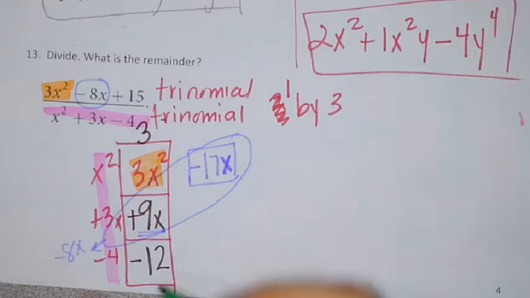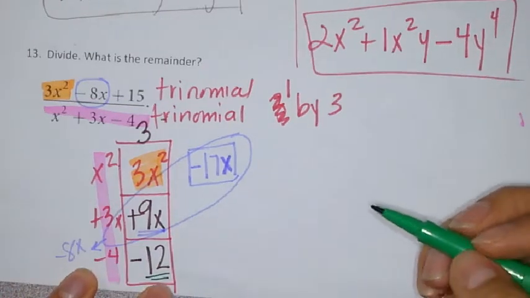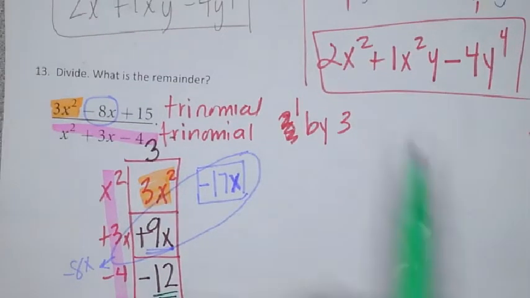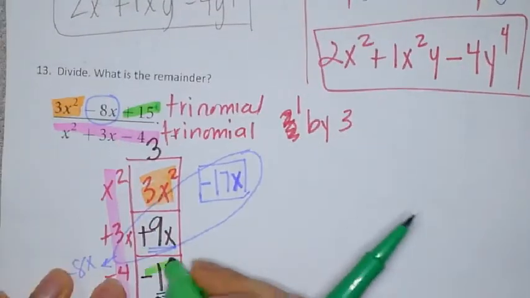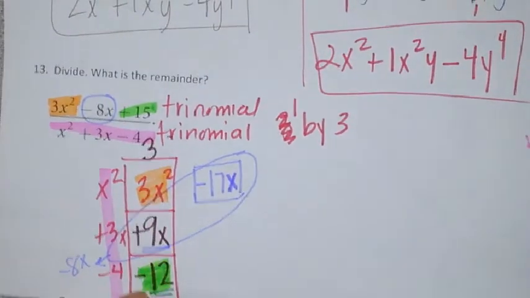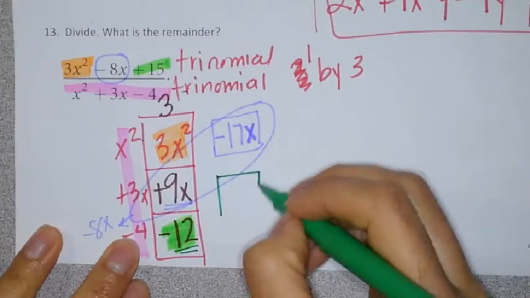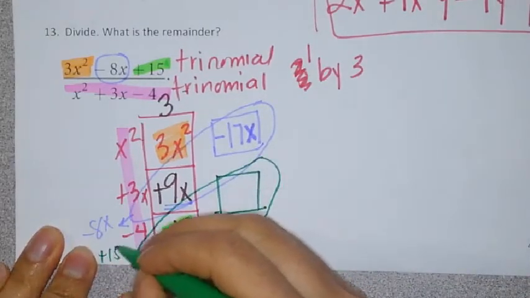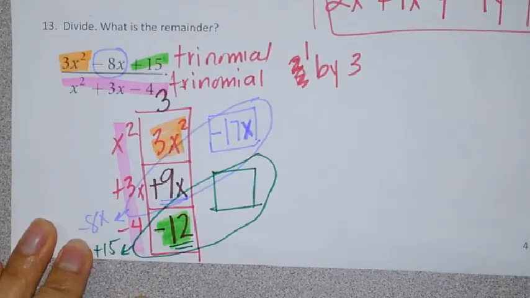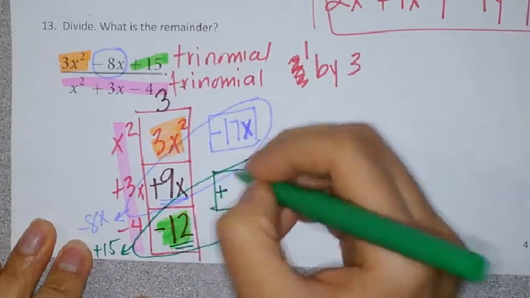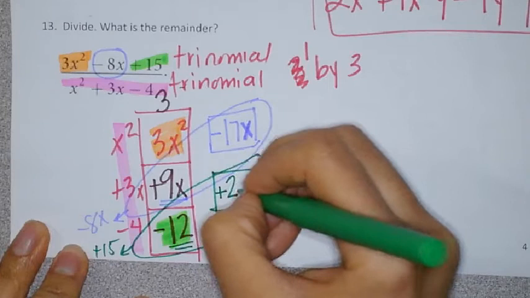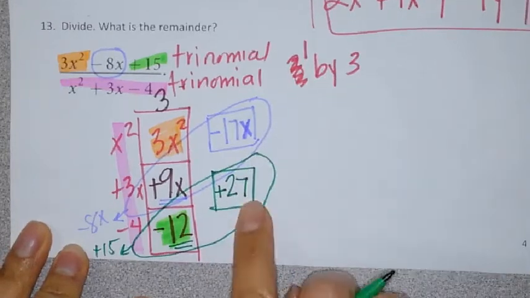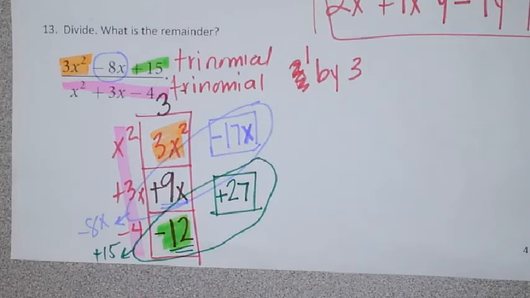Then I'm going to check the constant term, which is negative 12, and I need positive 15, so I don't have positive 15, so that means that I need another remainder box that would give me that positive 15 that I need. Okay, so that means that I'm going to have to add 27, and this is a constant, so just 27.